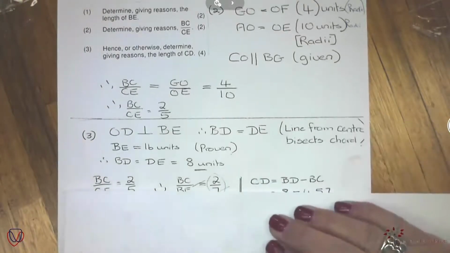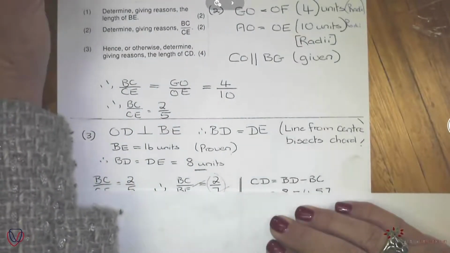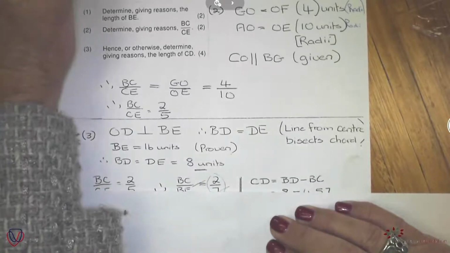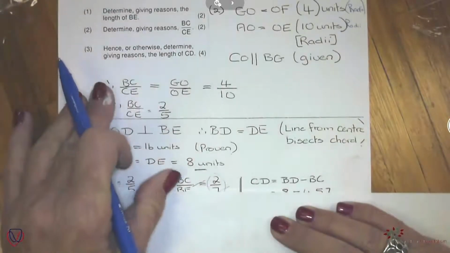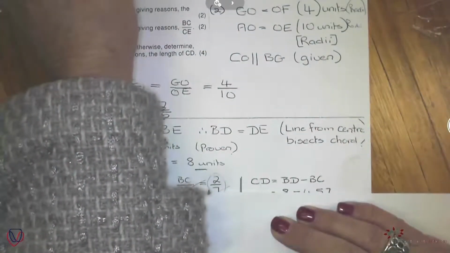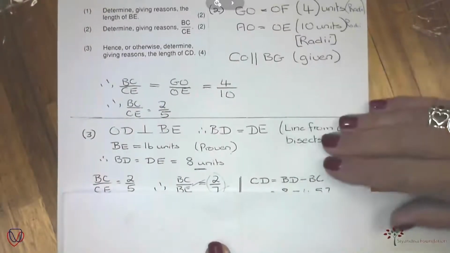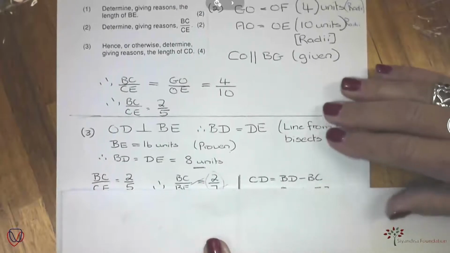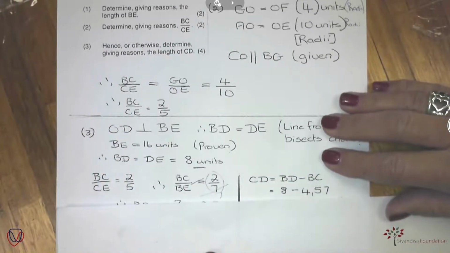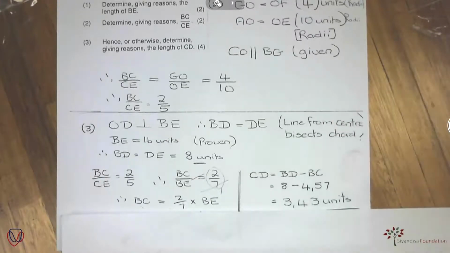Now we can say that CD is BD minus BC. Difficult, very difficult. And BD is 8, because we actually proved BE as 16. So CD will be BD minus BC, 8 minus 4,57, 3,43. Voila! Not so easy, right?